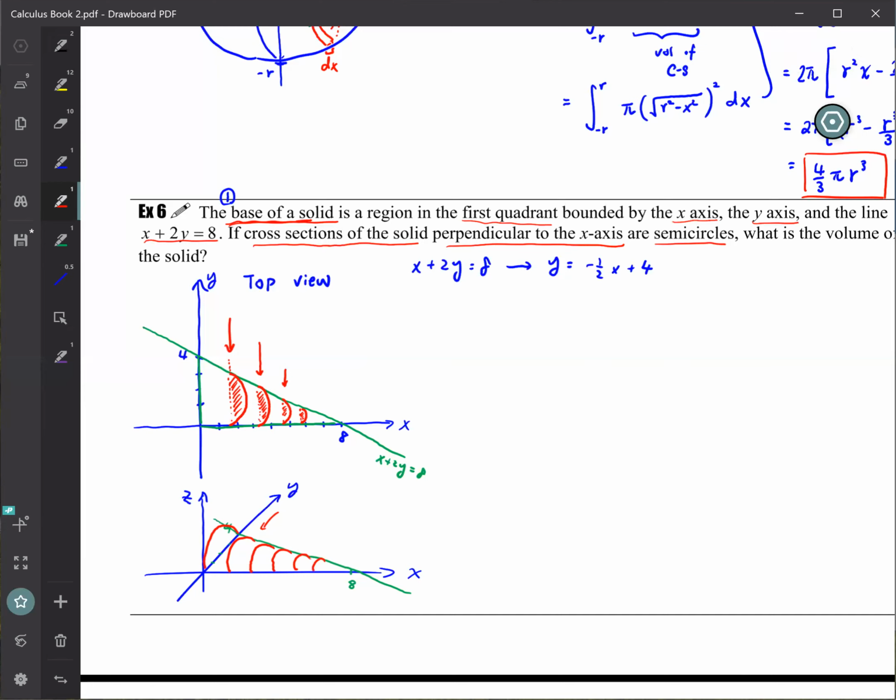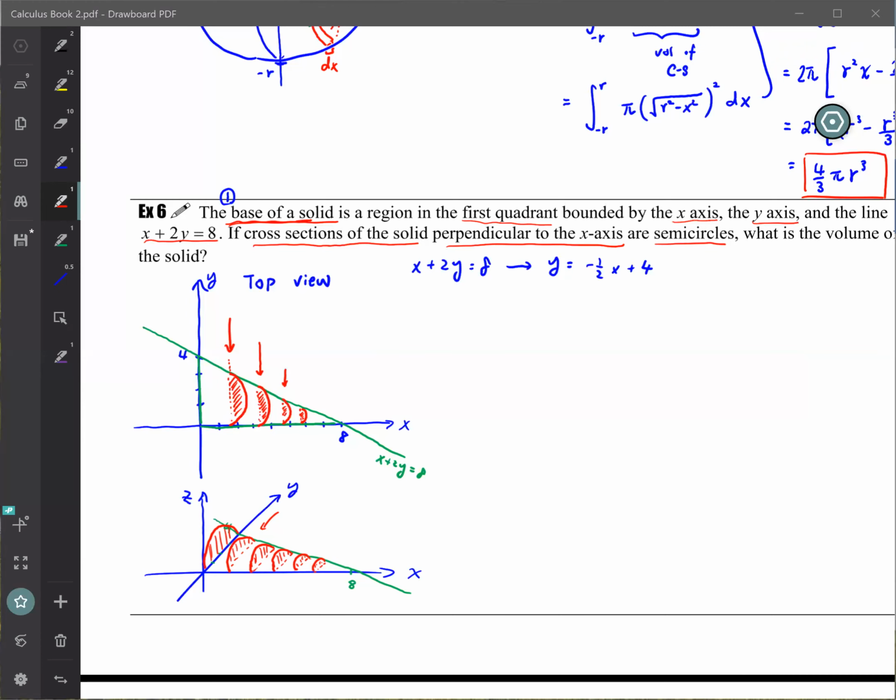But it's half of the cone. Okay, it's standing out of the page. It's 3-dimensional. Okay, do you get a picture?